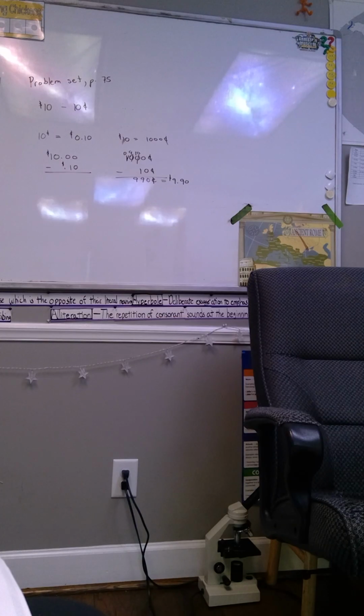Alright, so then 9 times what gives you 72, or gets close to it without going over? Keep going. 72, so that's 8.